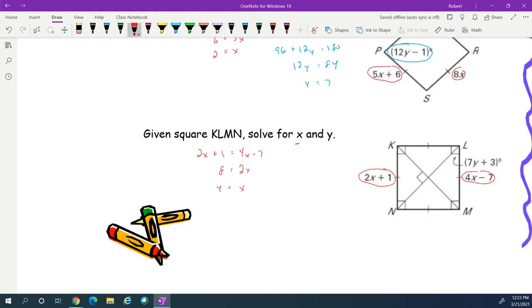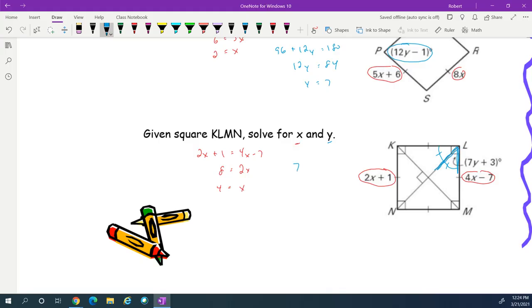For solving for y, let's find our angle. Y is our angle right here. We know that every corner is 90 degrees. And we know that in a square, because it inherits the property from a rhombus, the diagonal bisects that angle, the opposite angles.